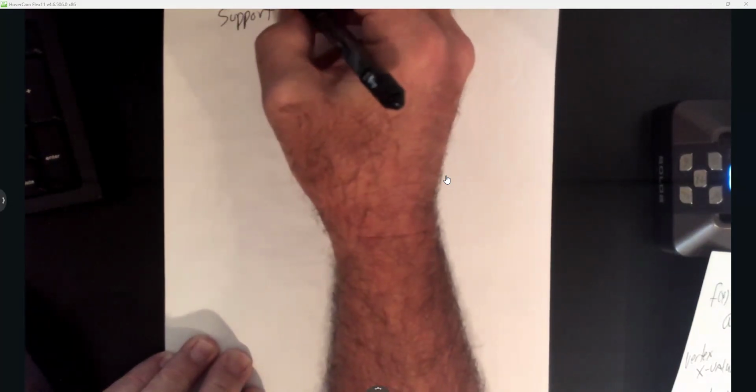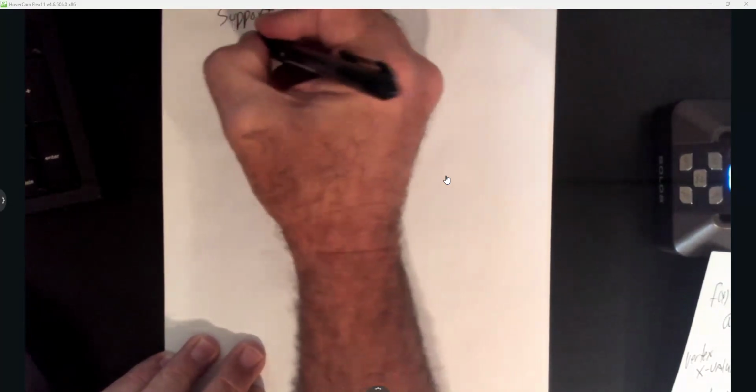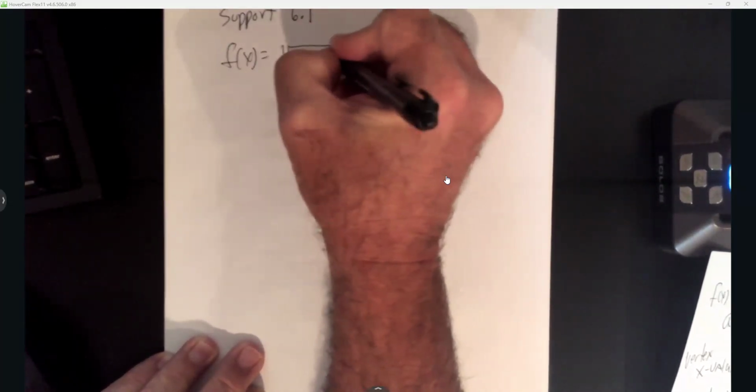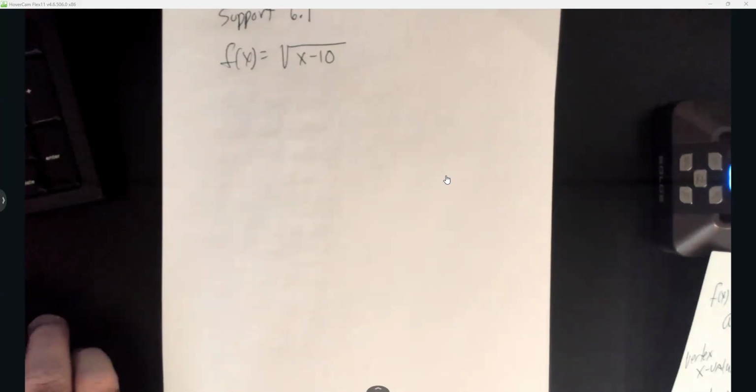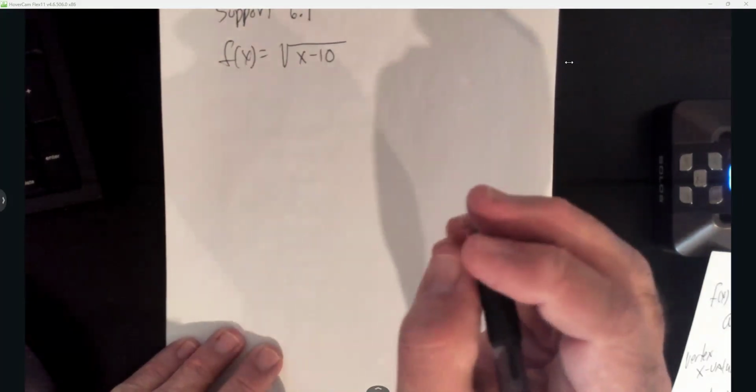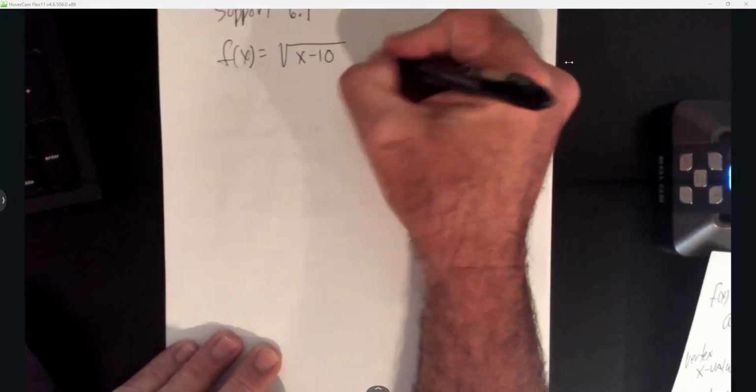I'm looking at the one that's in my messages. 6.1 support was f of x equals square root of x minus 10. So let me show y'all this real quick and then I'm going to take my break. On this one, since it's a radical, they were wanting us to use interval notation.